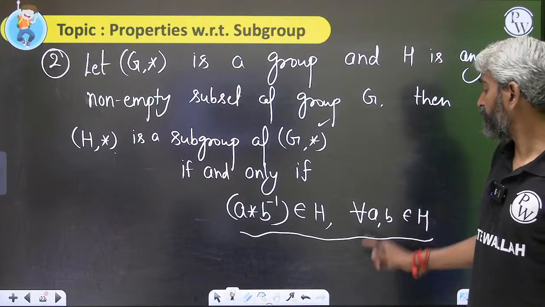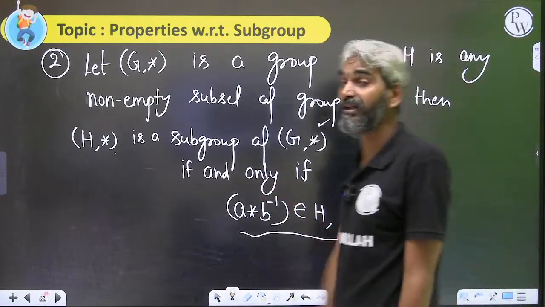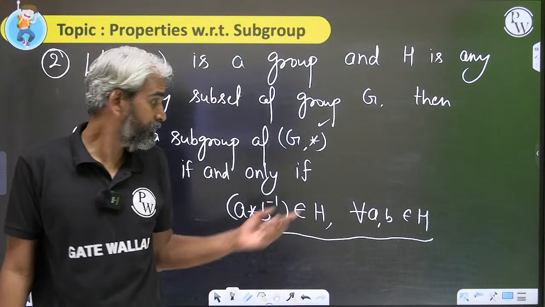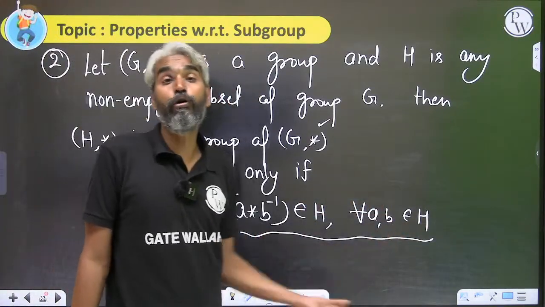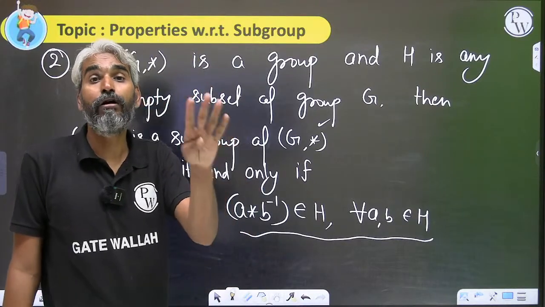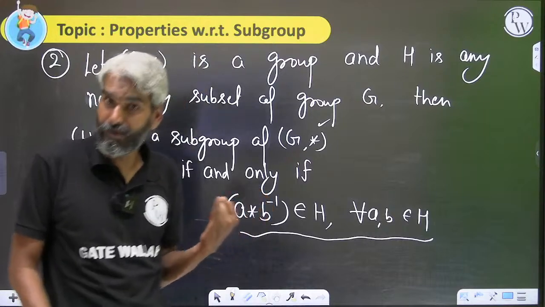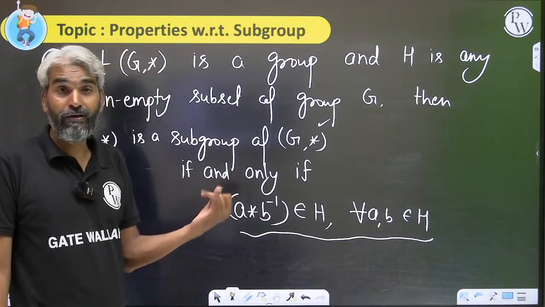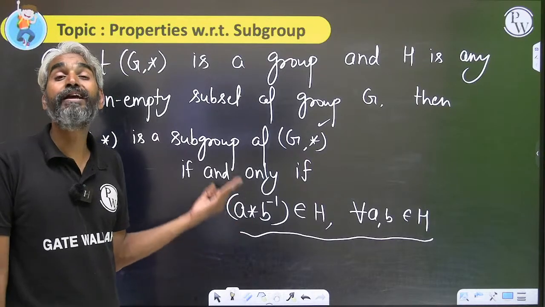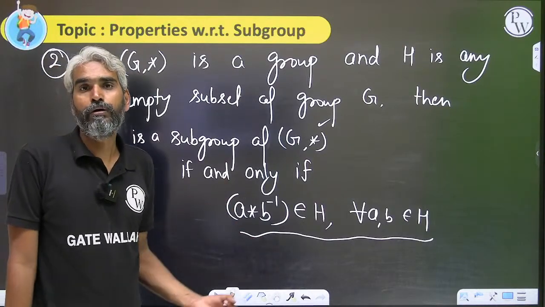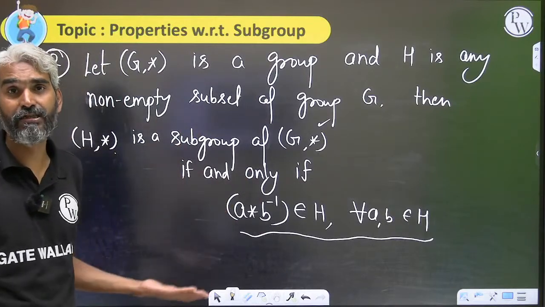That is, for all elements A and B belonging to set H, if A * B inverse also belongs to set H, then H will follow all four properties of a group. It will have the identity element, the inverse of every element, and be closed under the binary operation. The only thing we don't know is whether asterisk is associative.